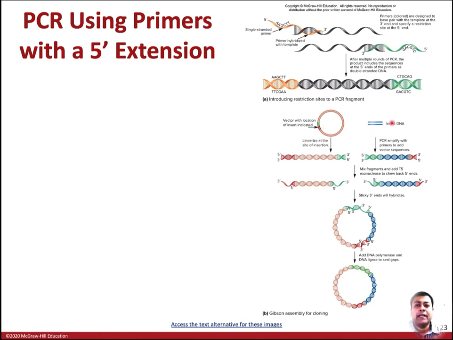So here you have an insert DNA, and you take that insert DNA as well as your plasmid or vector DNA in two separate reaction mixtures. You PCR amplify first the primer with the vector sequence, and you add the vector sequence.